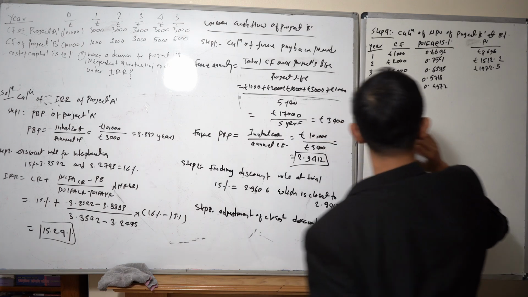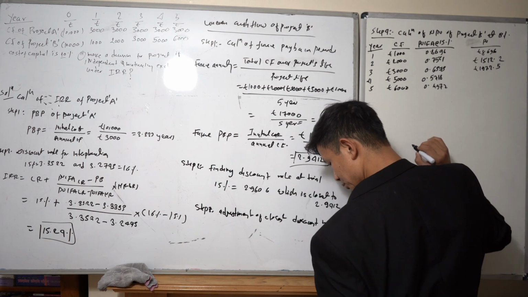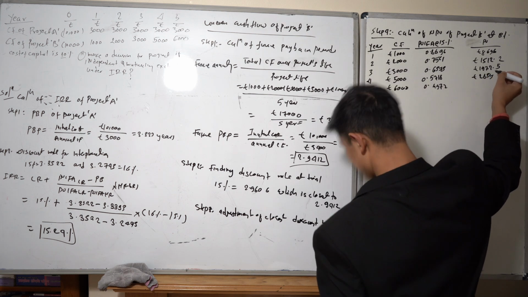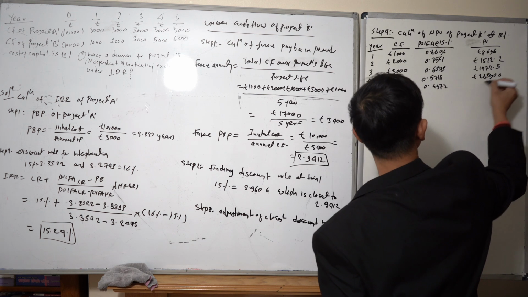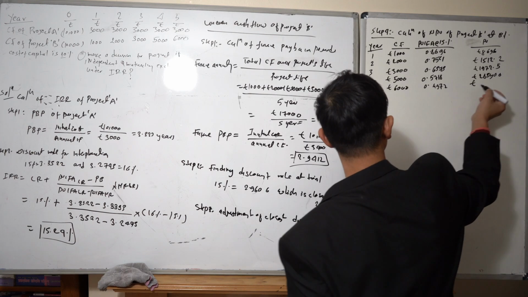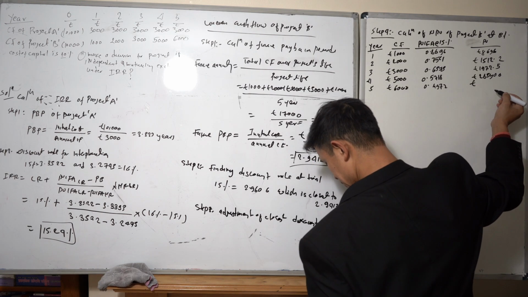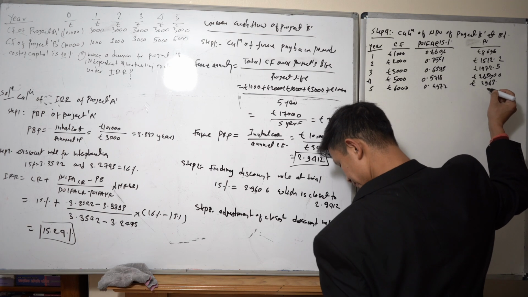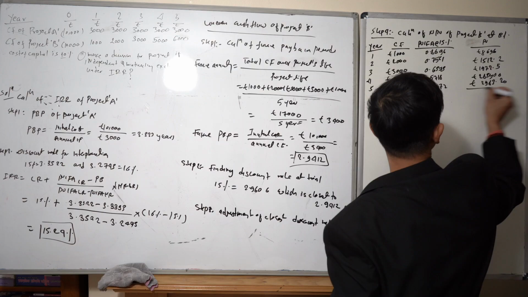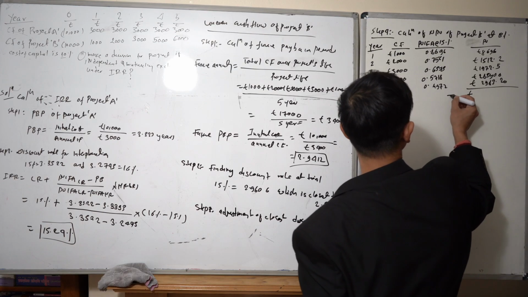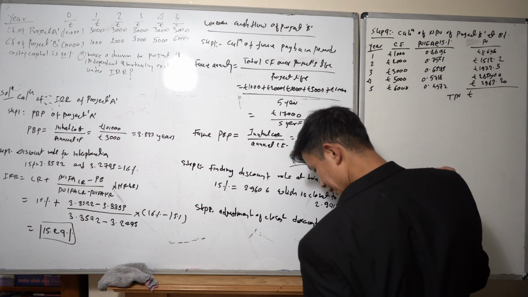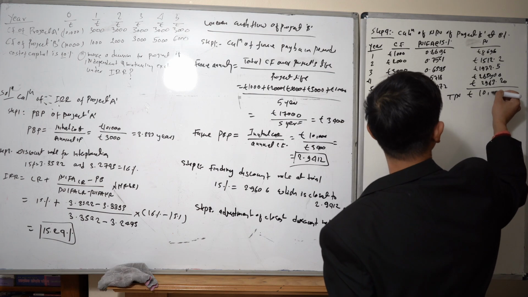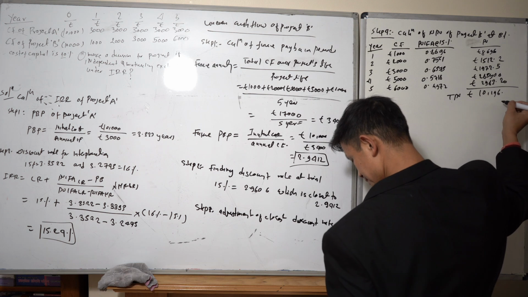Multiply 5000 by 0.5718, then you get 2859.00. Then finally, if you calculate 6000 by 0.4972, you will get 2983.2. If you add up all of this, you will get a total present value of 10,196.5 pound.